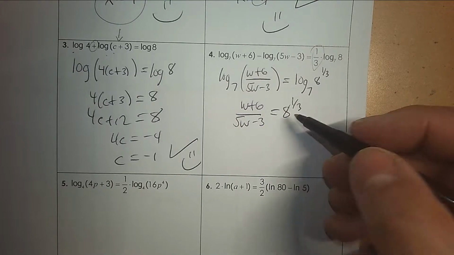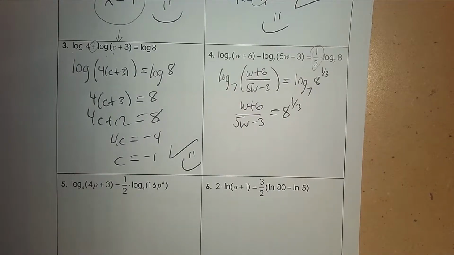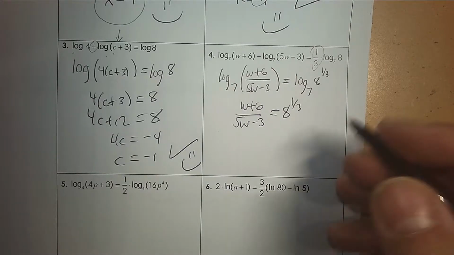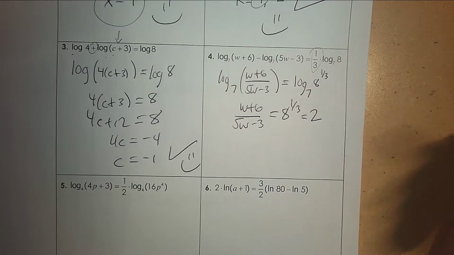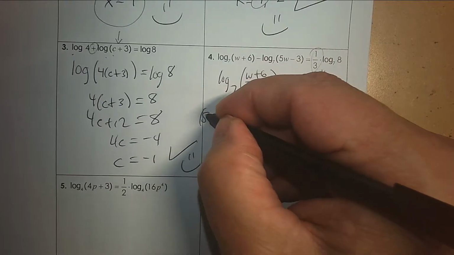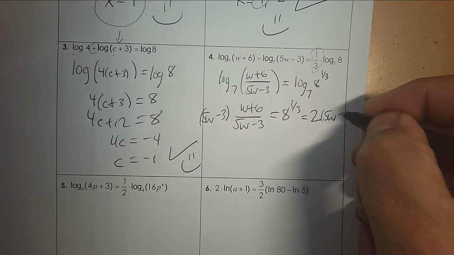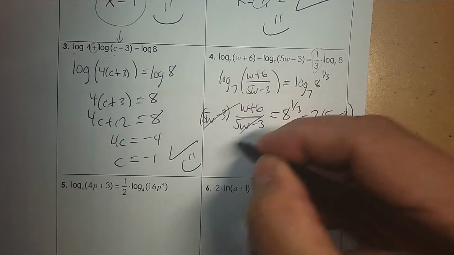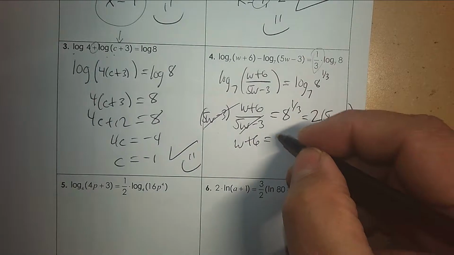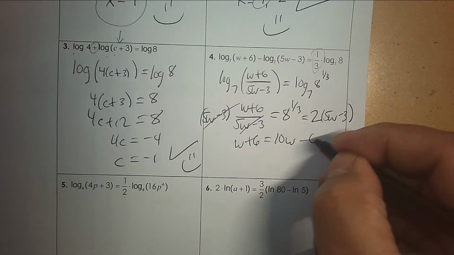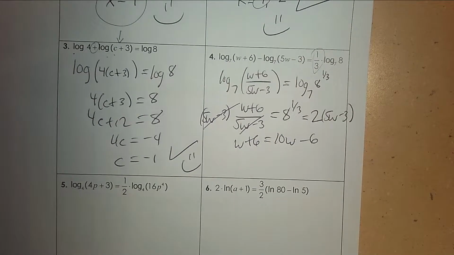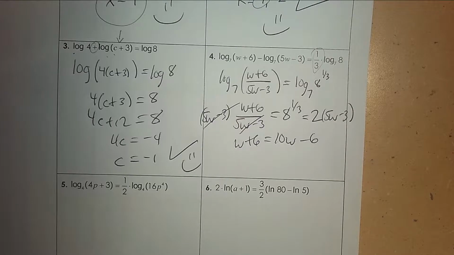Do you remember what 8 to the 1/3 means? The cube root of 8. Is that our number? 3 times itself equals 8? Yes. What number is that? Just 2, right? So next, I'm going to multiply both sides by 5w, take away 3. And then I combine like terms and solve it.